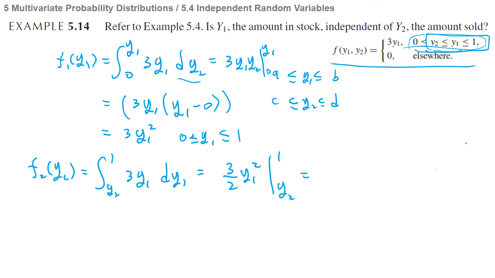And so this is 3 over 2 minus 3 over 2 y2 squared, for y2 from 0 to 1. And so f1(y1) times f2(y2) cannot be expressed as the joint density, so y1 and y2 are not independent.